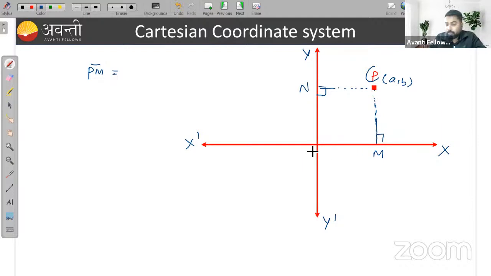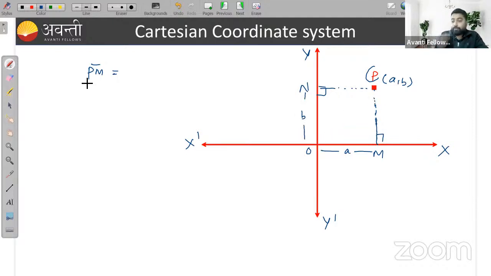That means on the x-axis, I am moving from origin to point M, a units, to reach the point P. So this length is actually a. And we are moving on the y-axis from origin to point N to reach the point P, b length. That means this length is my b.